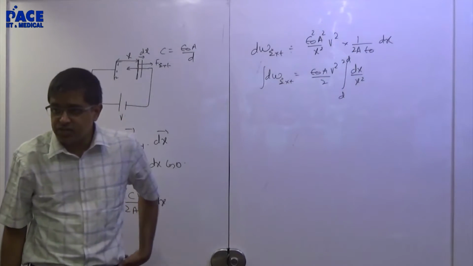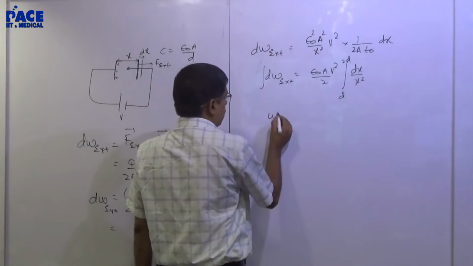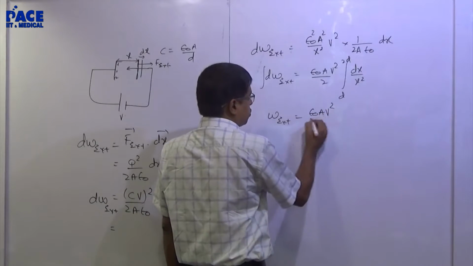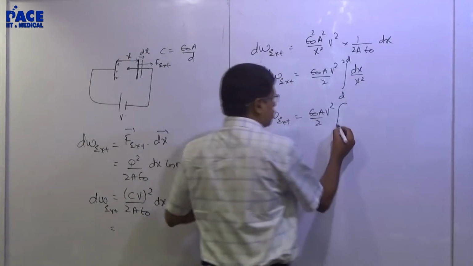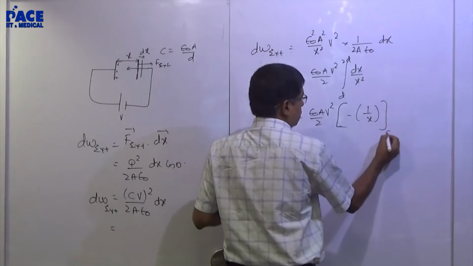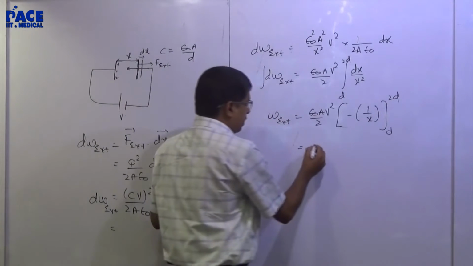I have increased x from d to 2d. Work done by the external force is epsilon naught A V square by 2, integral dx by x square, which is minus 1 by x from d to 2d. Right?